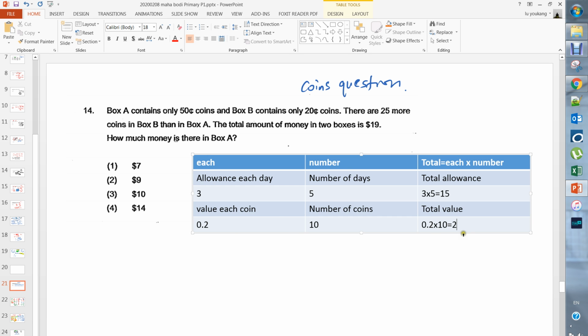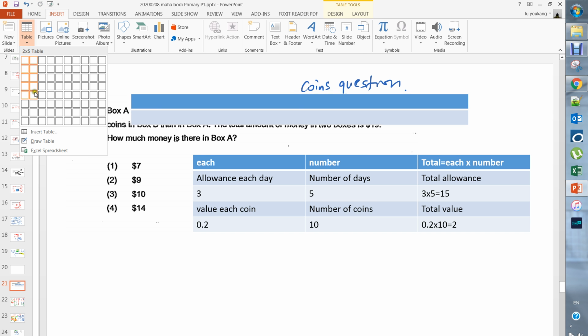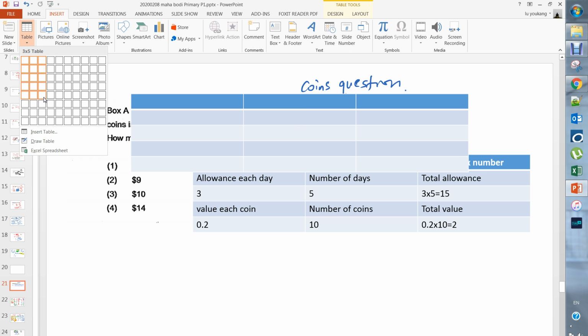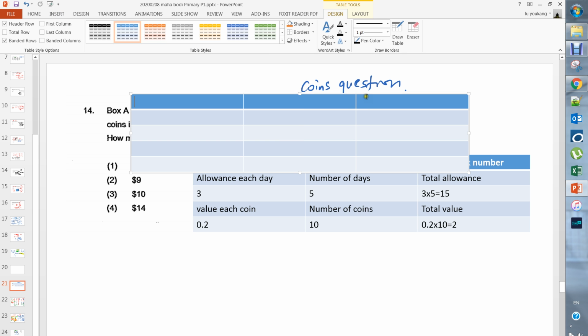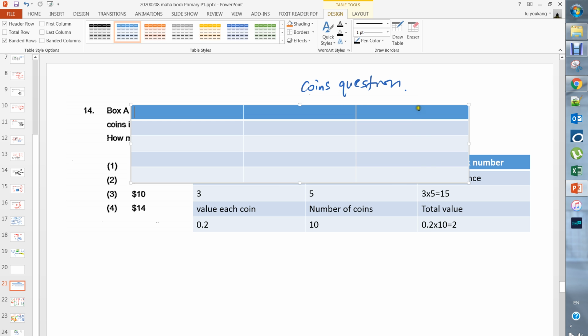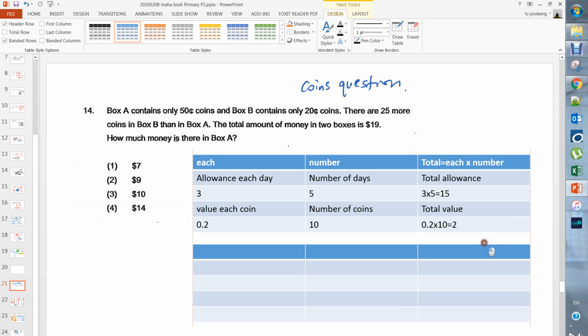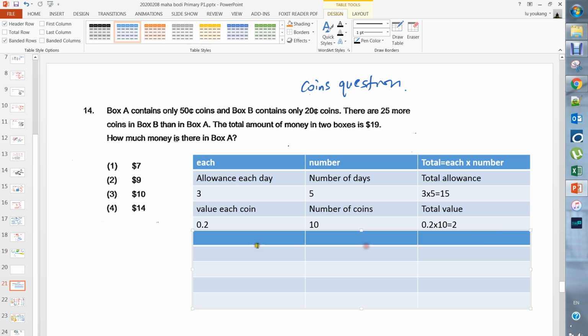Then what if this? Let me insert more. Let me use another. So now, what do you want?